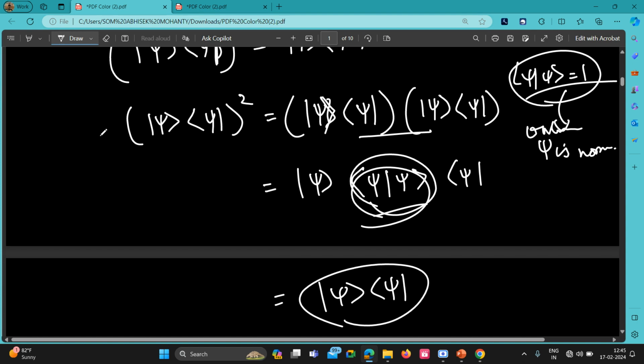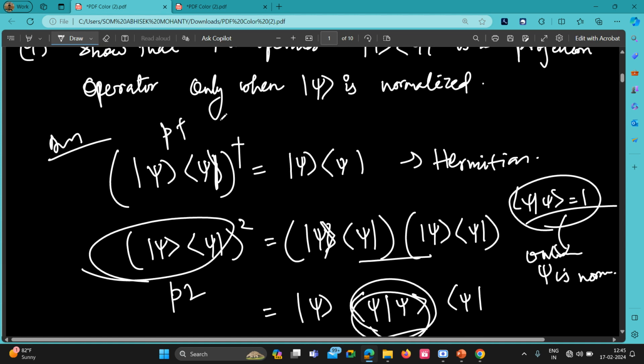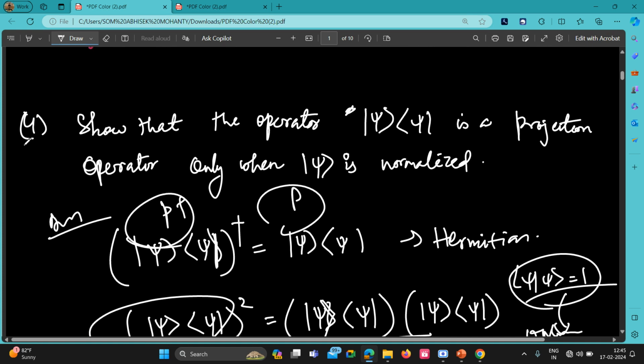So if I write this as P, this is P square, so P square is equal to P. And your P Hermitian is already equal to P. So P is a projection operator. Is it clear? I hope you are clear about it.